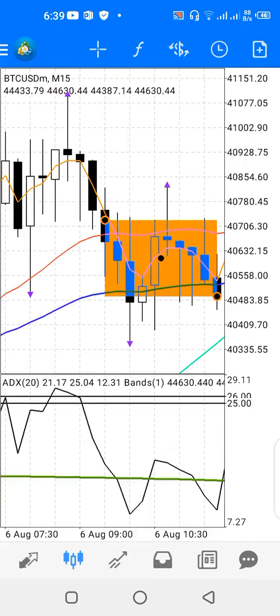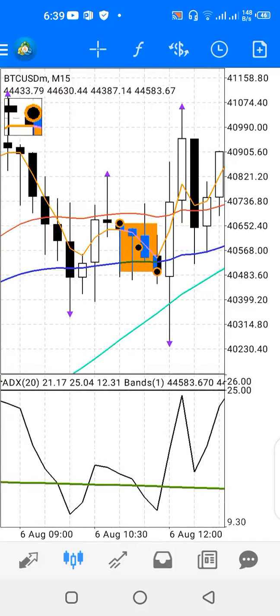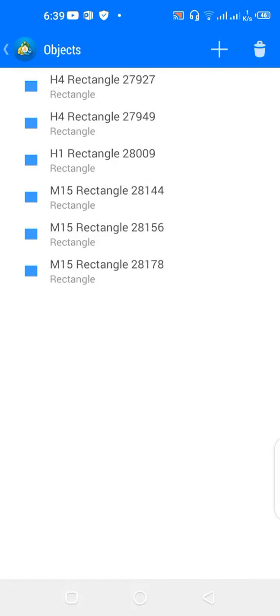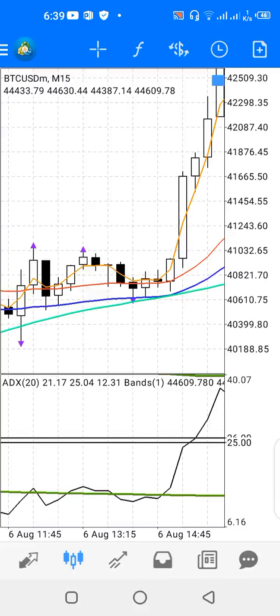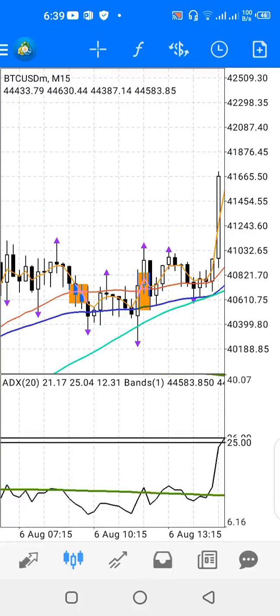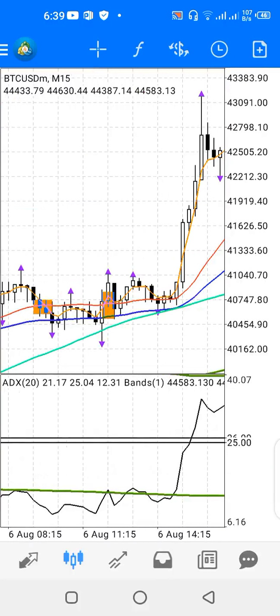Just a minute. Price dipped around here, and then you had the price breaking out back into the buy zone around here. So that's just the illustration.